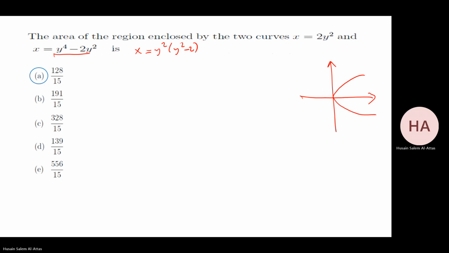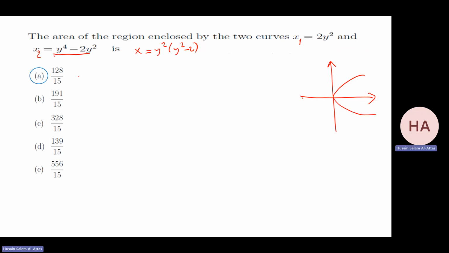It will be a little bit complicated. Let me try to find the points of intersection. Maybe that will help me to see the graph.